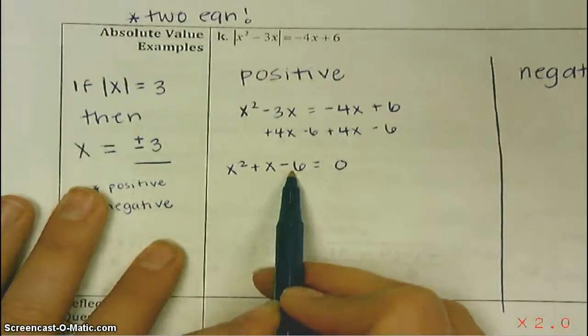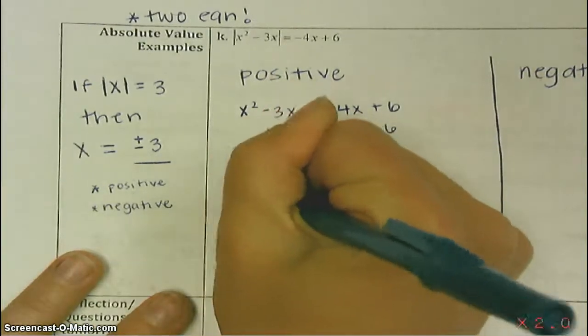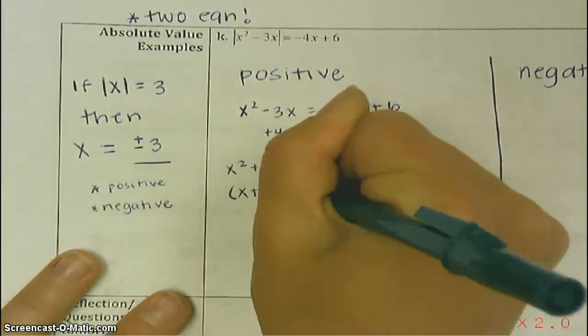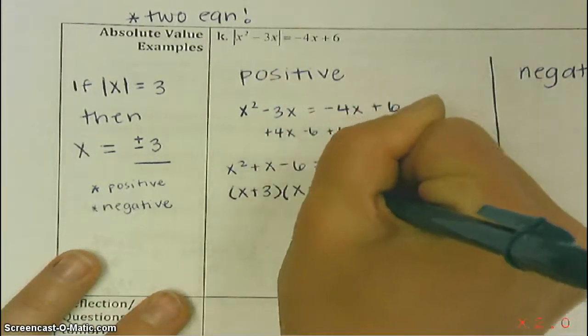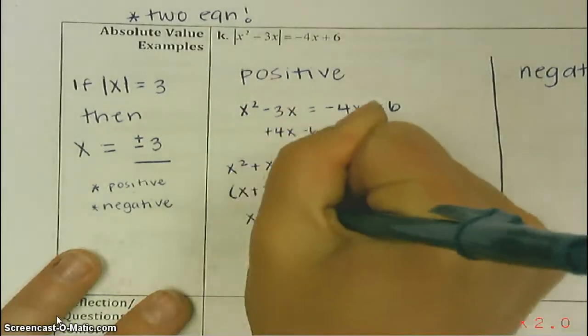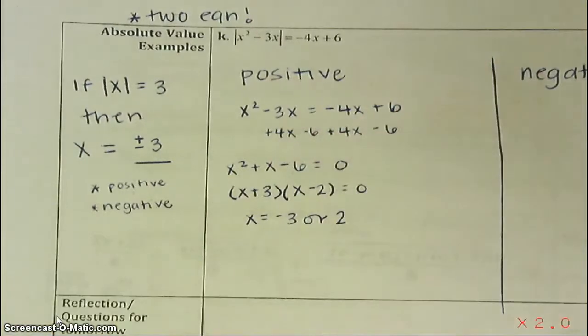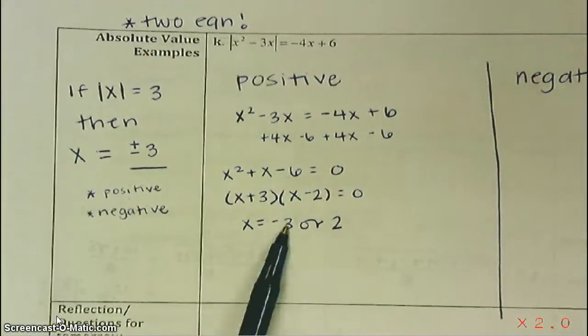Factors of negative 6 that add to positive 1 are going to be x plus 3, x minus 2. So the two answers that this yields would be x is equal to negative 3 or 2. All right. So there's the two possible answers for the positive.